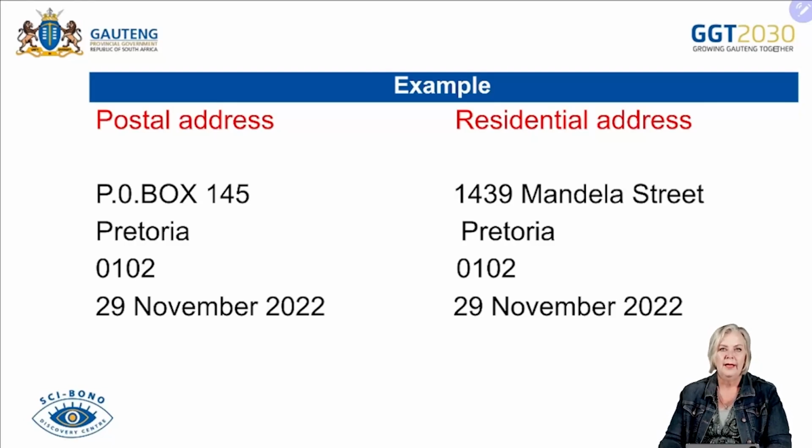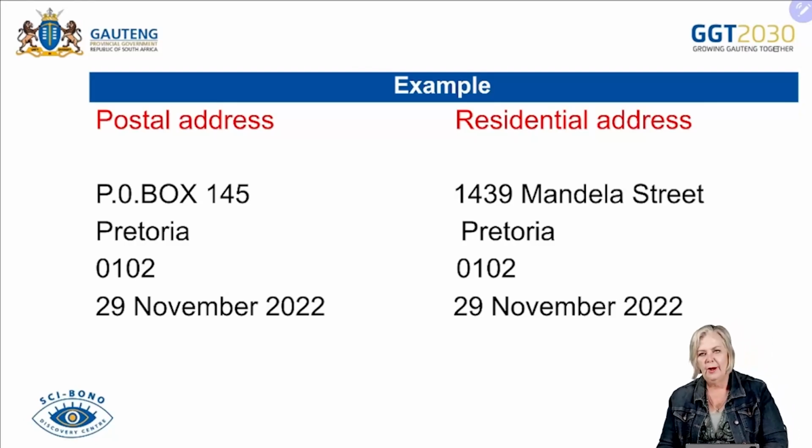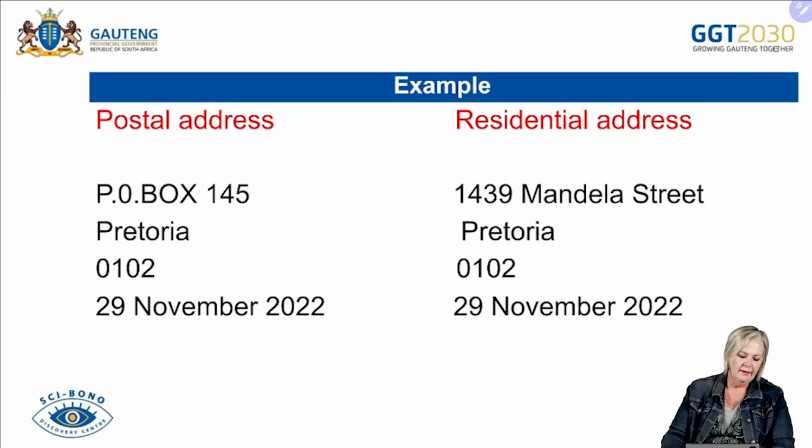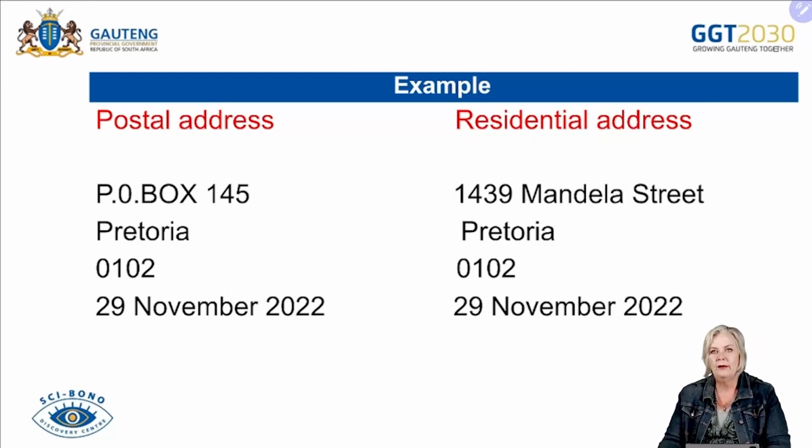Look at the use of capitalization. 145. So P.O. Box comes first and then followed by the number. Pretoria, your town, your city, your suburb. You don't have to include things like extension 1 or extension 2. You can just write P.O. Box and then Pretoria and remember your code.